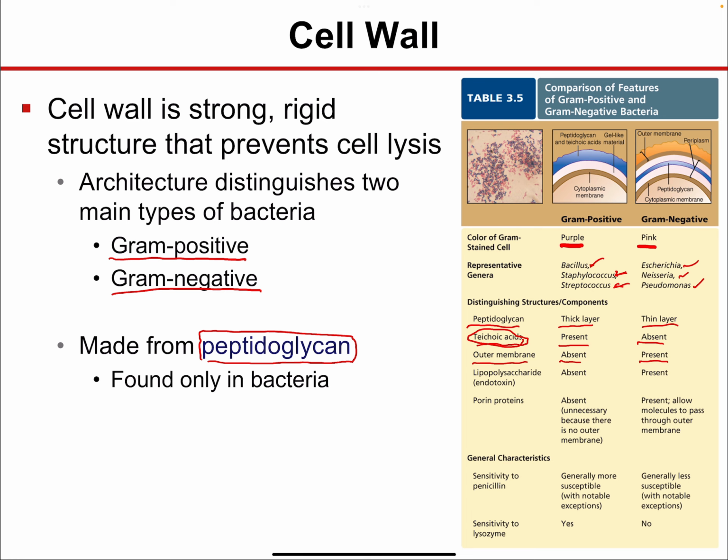Another chemical, the lipopolysaccharide, that sits outside of the cell in some bacteria, is absent in gram-positive while it is present in gram-negative.